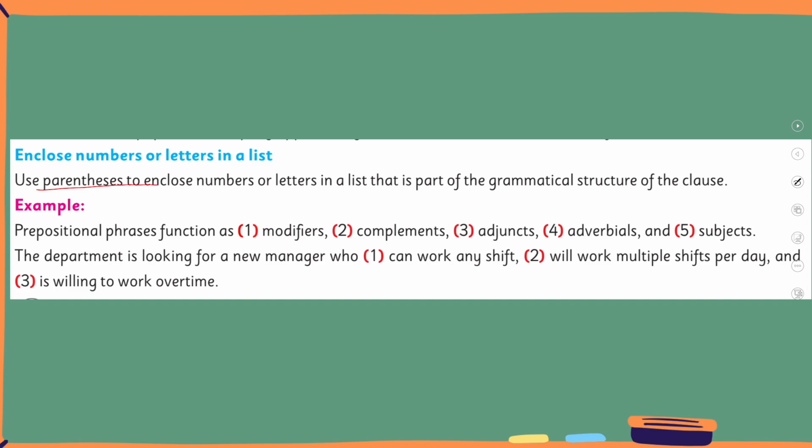We use parentheses to enclose numbers or letters in a list that is part of the grammatical structure of the clause. So in a clause, when we are listing some things, we are using parentheses. Here we have a definition of prepositional phrases as an example, and we are using parentheses for numbers and list.